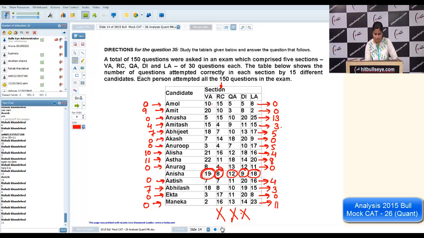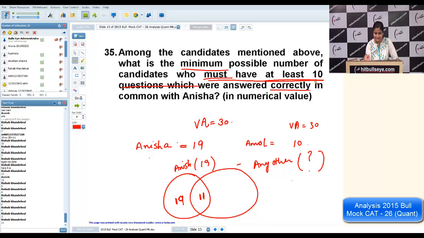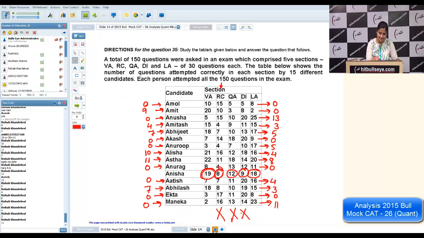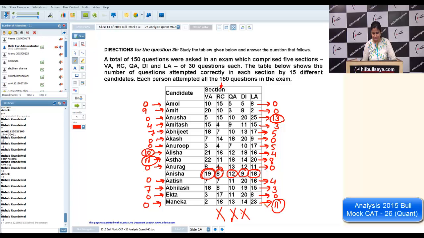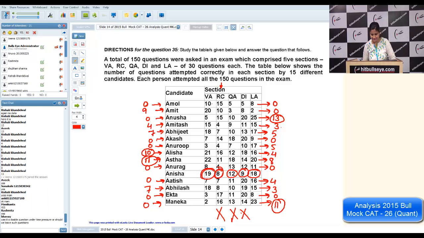So we need to know in the question at least 10 questions, so I'll take data for at least 10. 11 I'll consider. 13 I'll consider. 11 I'll consider. So these many are in the answer. Is it okay now, guys? You got the idea? We will count the cases.